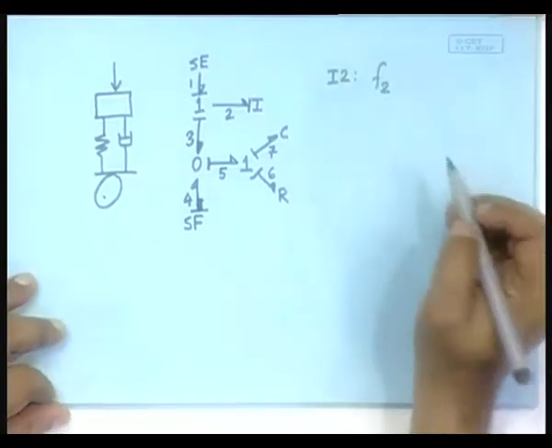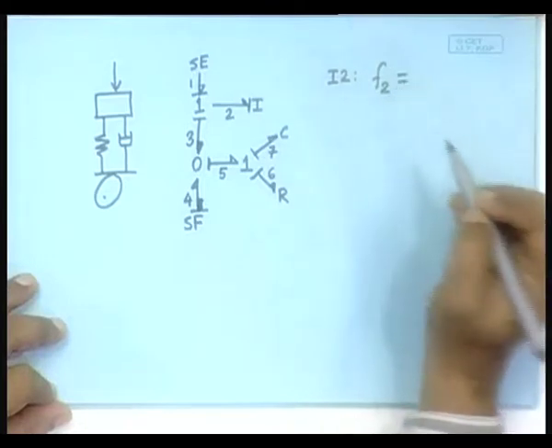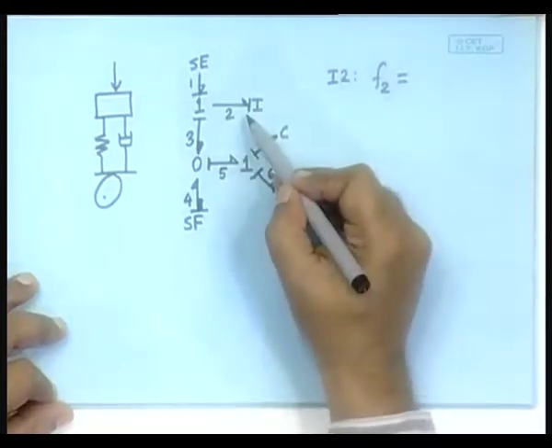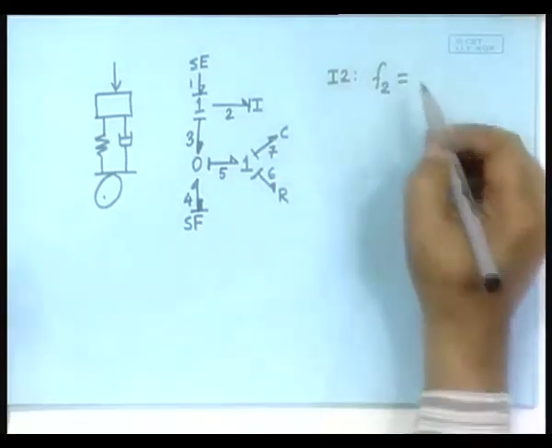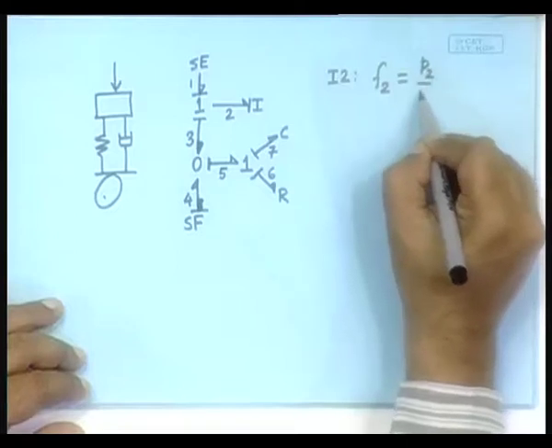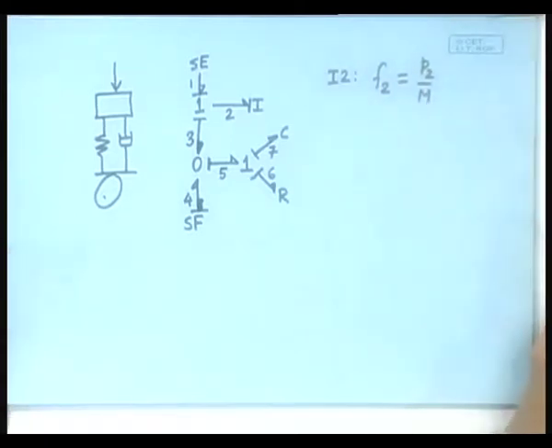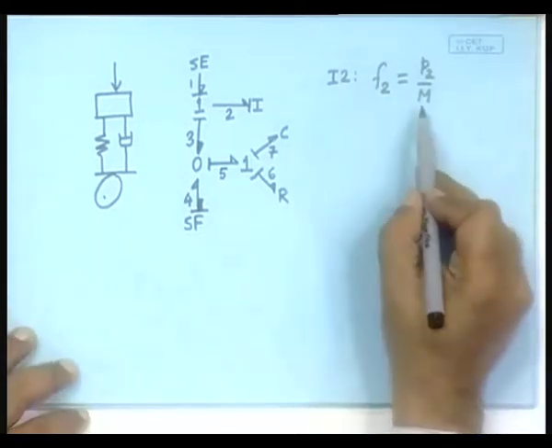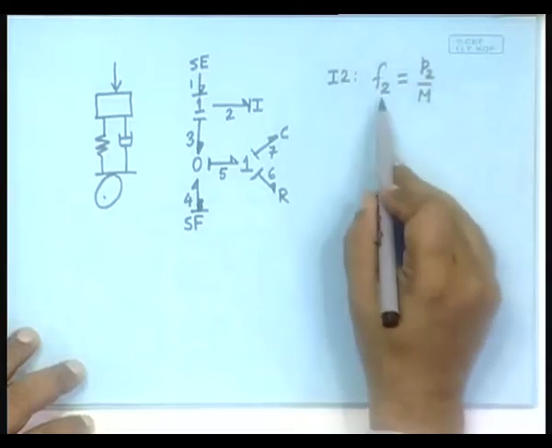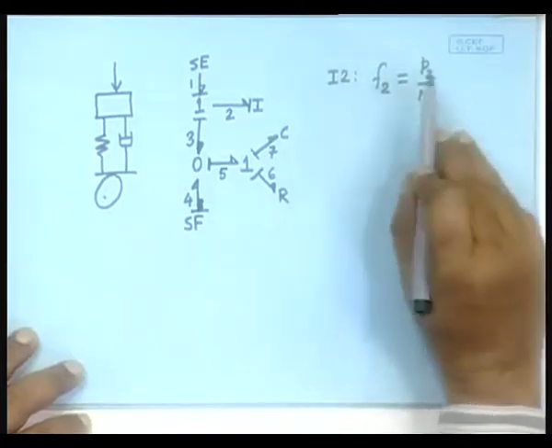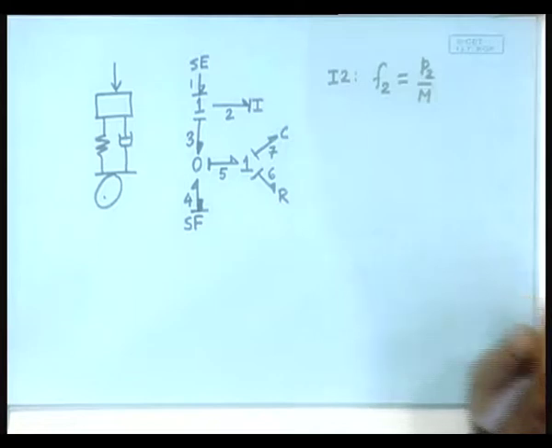So, F2, the flow, is in terms of the state variable, right, pretty simple. So, I2's answer is obtained as this: it gives F2, which on the right hand side we have expressed in terms of the state variables.